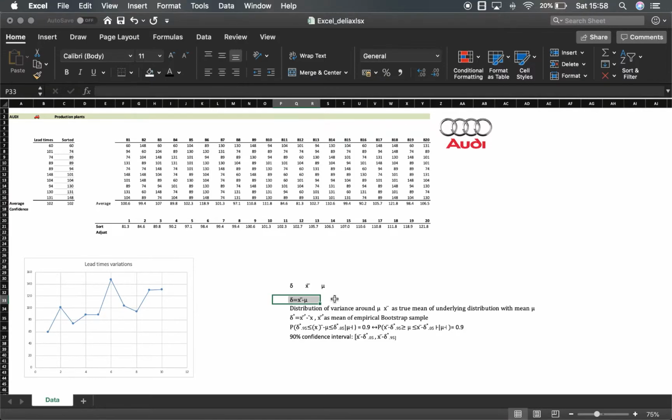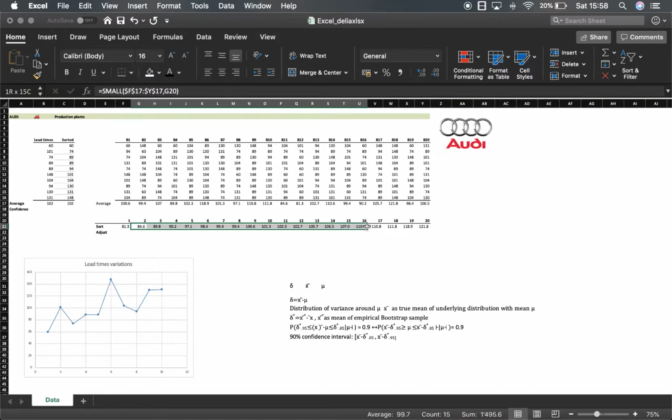After finding the distribution of delta, we will then find the 0.95 and the 0.05 critical values of delta, which define the limits of the 90% confidence interval. Looking at this formula, one can see that the probability that x bar varies around the mean in between the critical values of delta 0.95 and delta 0.05 is 90%, which in turn gives us this formula for the 90% confidence interval. So how do we apply this to our case?